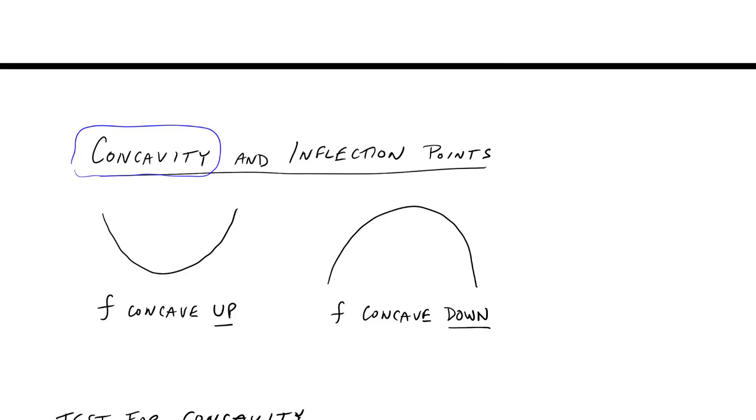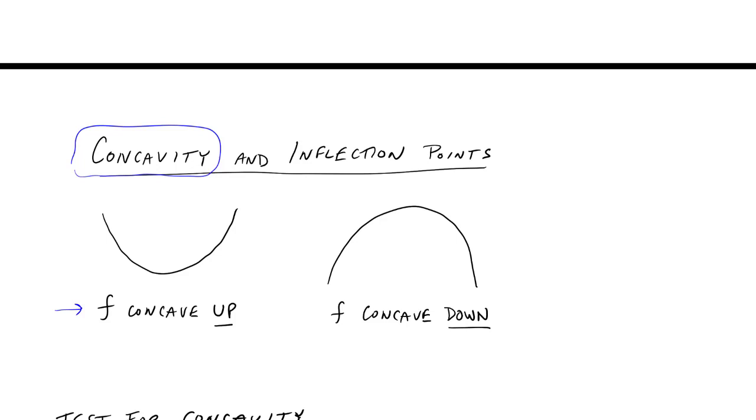Okay, so if we're talking about concavity here, let's look at what that means. Basically, that's talking about how the function is bent. So in this first example, this would be f concave up. It's shaped upward, it's open up.